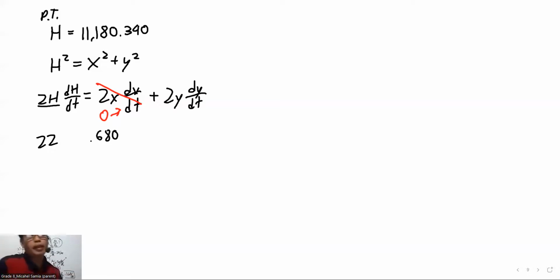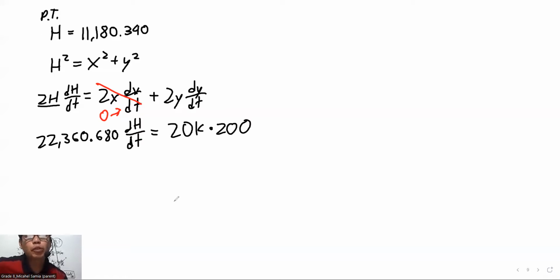2 multiplied by h is equal to 20,000 multiplied by 200. Josh, use parentheses for multiplication, not the dot.